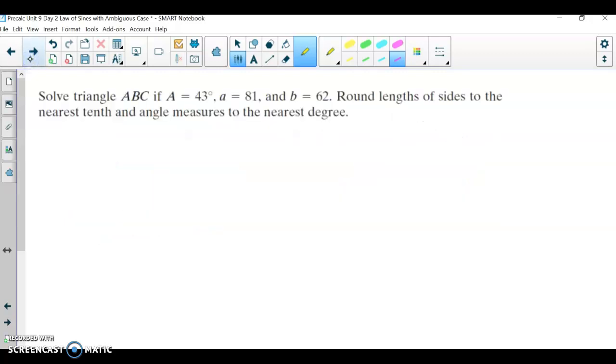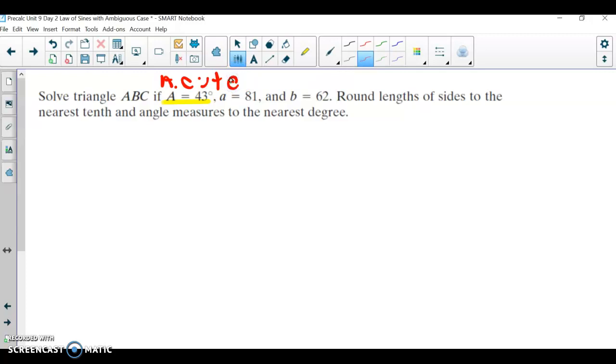Now, let's go and see an example together. We have this example where we're given angle A, 43 degrees. What is this 43 degrees? That is an acute angle. I apologize for my pen that's not working correctly.